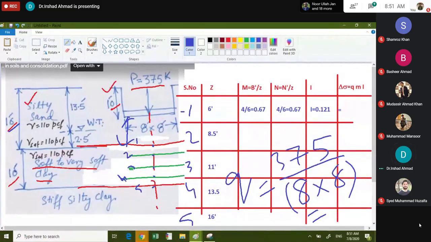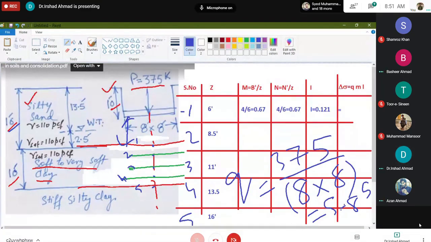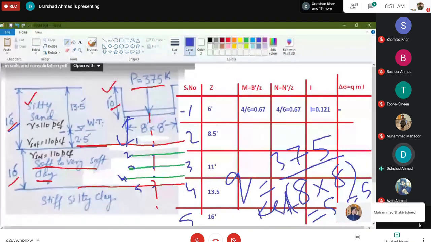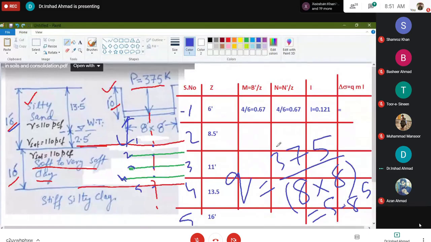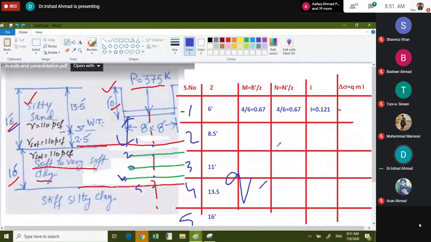5.85. Tell the unit also. Kip per feet square, KSF. Okay? So 5.85.